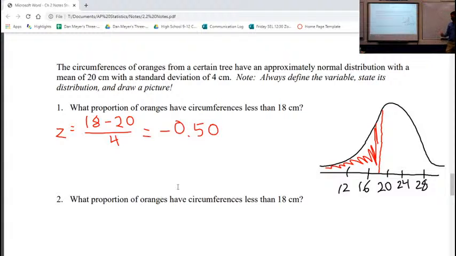Now, what we're going to use is a table of z-score values to give us the proportion. There should be some tables in the back of your textbook, at the very back of your book.